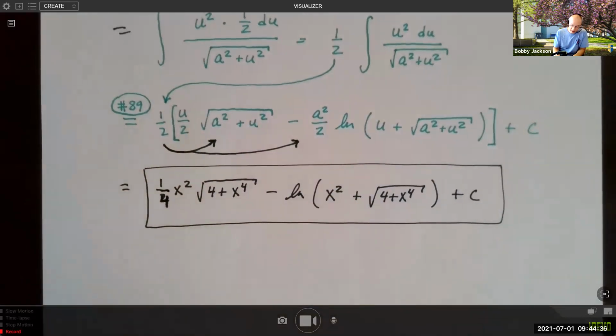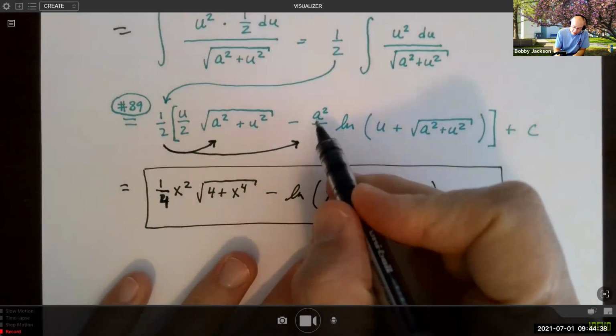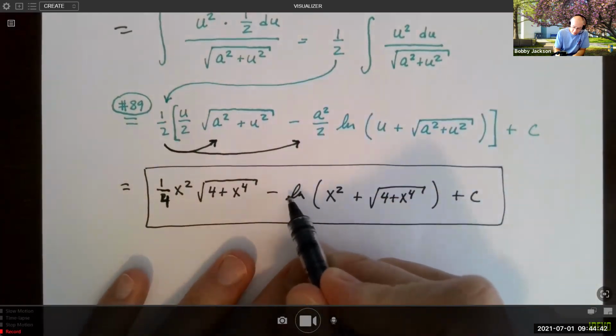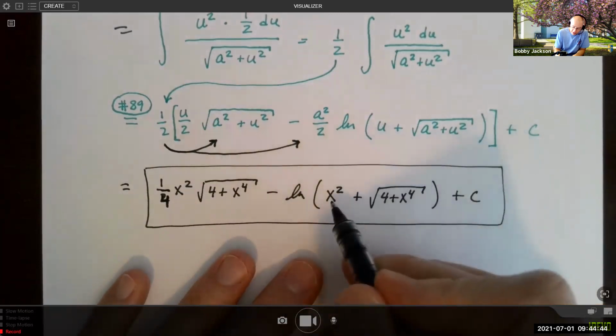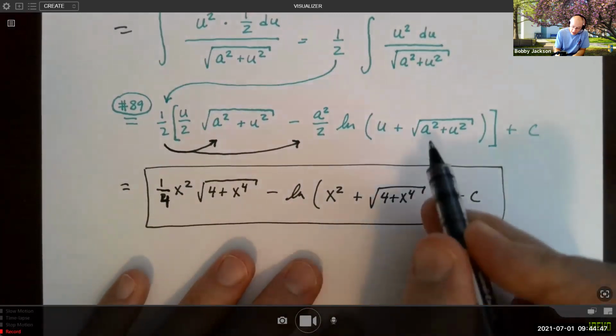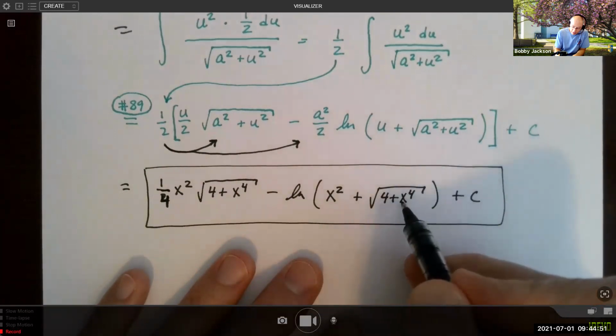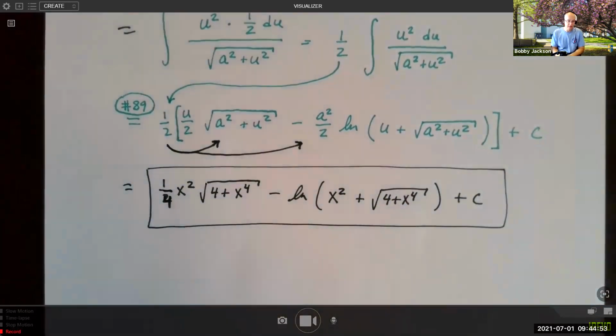And then here, a squared is 4 divided by 2 is 2, but then times 1/2 is 1. So that part's correct. The u is x squared, and then plus the square root of 4 plus u squared again being x to the fourth. So I've done all the transforming back to the original variable, and there is the result.